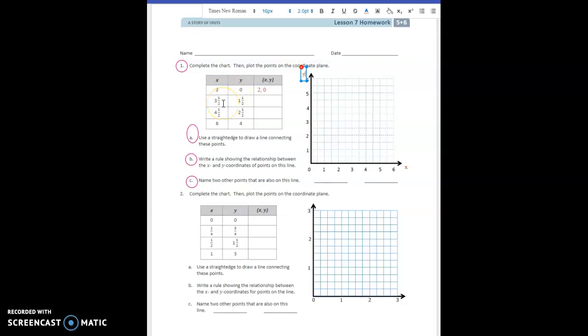Let's look at this one here, 3.5, and then we go to 1.5. Are we adding or subtracting? Well, we're subtracting. How many do we subtract by? 2. Go down to 4.5. Are we adding or subtracting to get to 2.5?